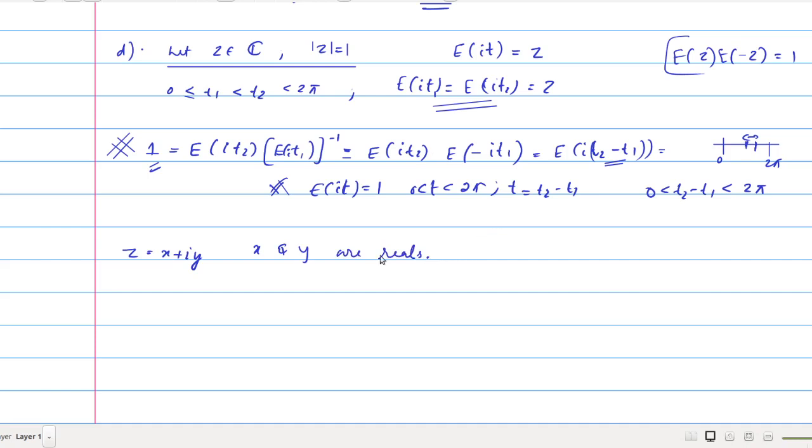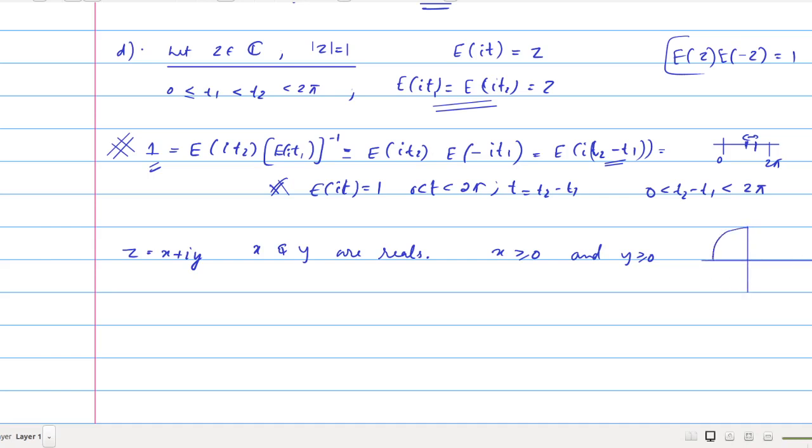First of all we consider the possibilities for x and y: x greater than 0 and y greater than or equal to 0. That means z lies in the first quadrant of the complex plane. If you choose such, we know that we are considering all z with modulus 1.